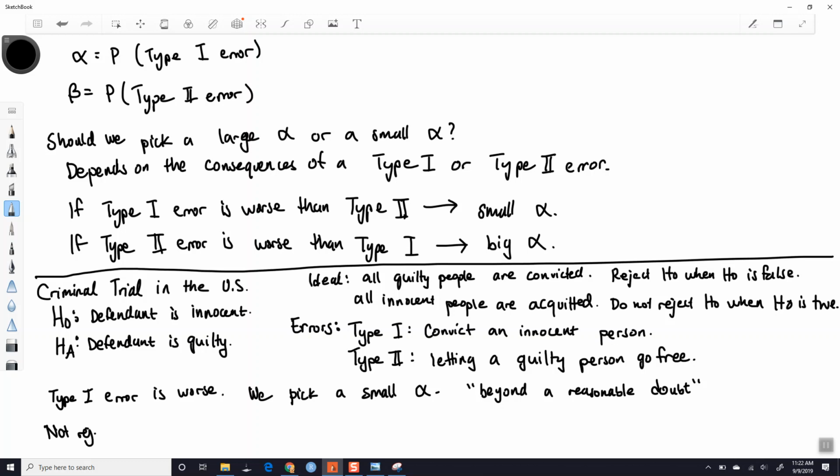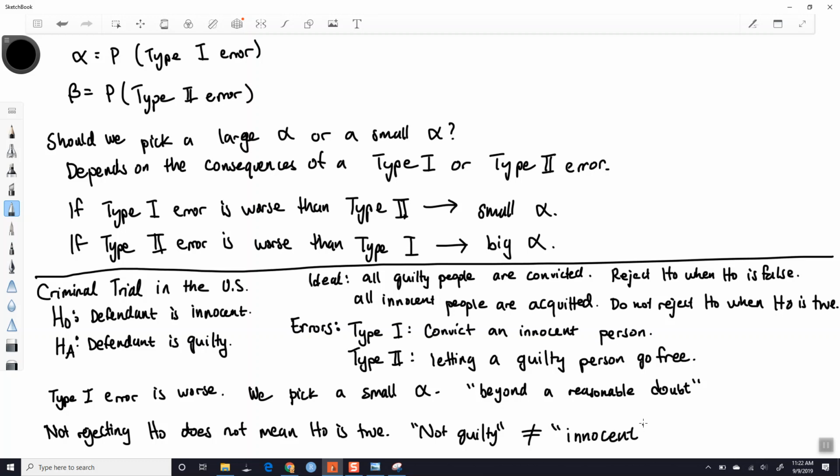Not rejecting the null does not mean the null is true, just like not guilty does not equal innocent. So in that case, we would want to pick a small alpha. Is that all right?